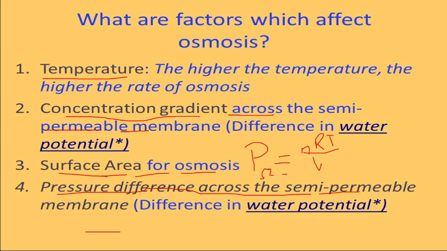It is equal to concentration, because number of moles over volume is equal to concentration, multiplied by gas constant multiplied by temperature. Because osmotic pressure depends on temperature, temperature will also affect osmosis. And what do we call osmotic pressure? Osmotic pressure is the pressure that must be applied in order to prevent osmosis. You cannot understand this on its own. We'll show you some experiments on how to determine pressure.